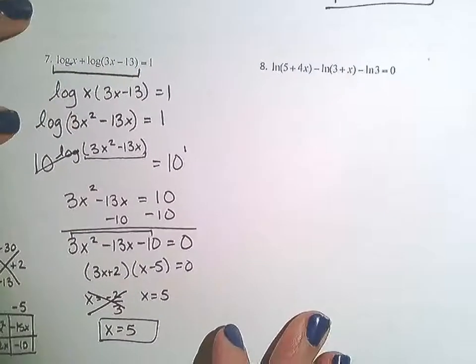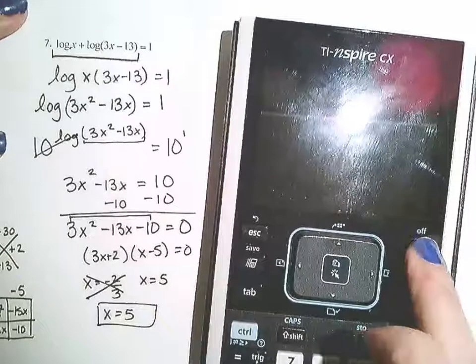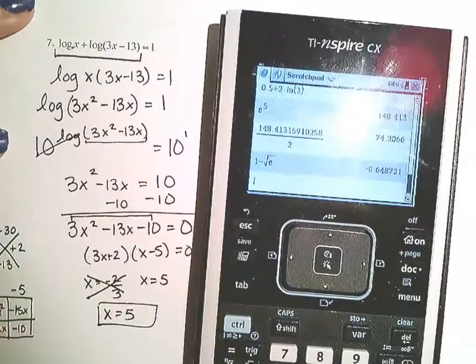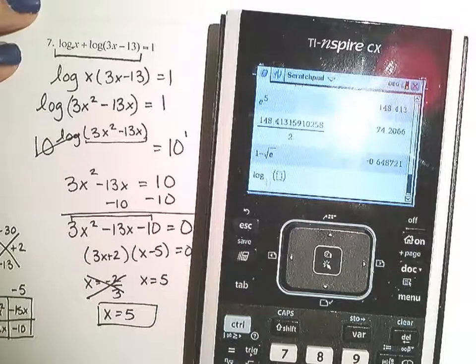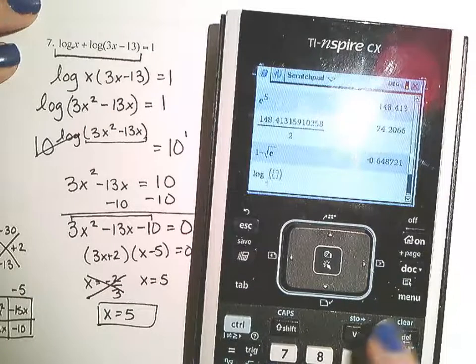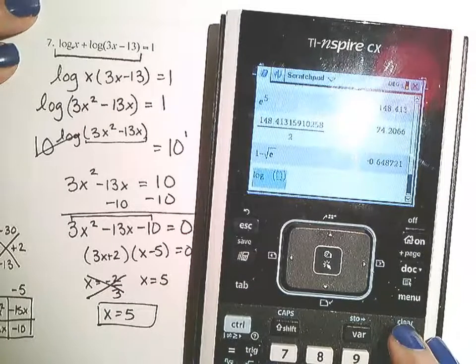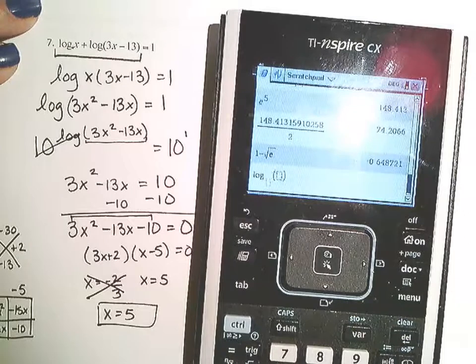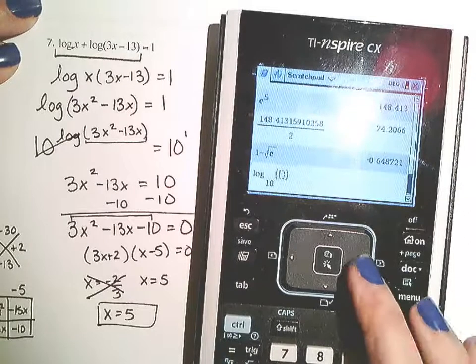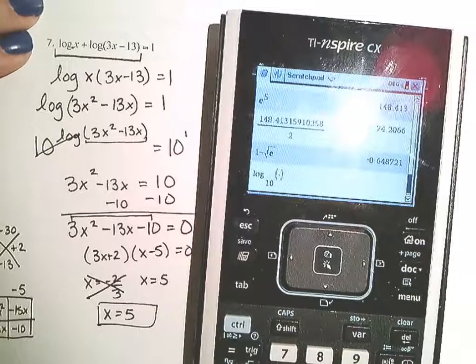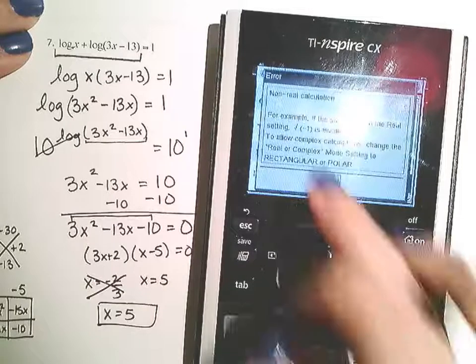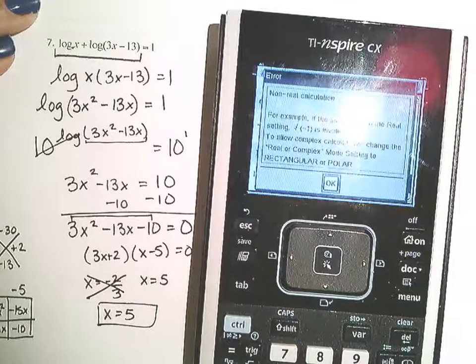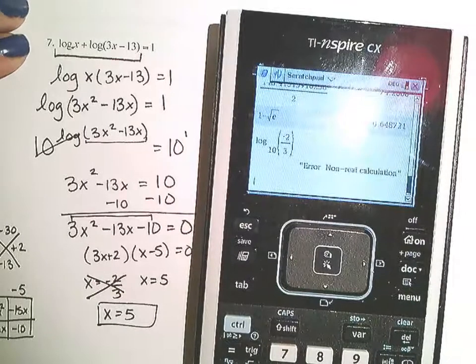All right, and I'm going to show you that actually, just to show that it works and why log of negative, oops, I don't know why that happened. So log base 10 of negative 2 divided by 3, you get an error. It's a non-real calculation, so that's impossible. It's not going to work.